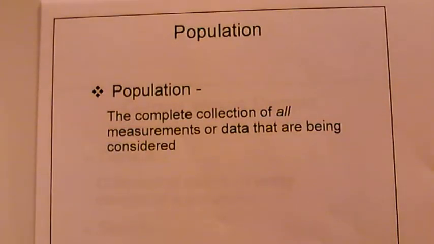Next is a population. It is the complete collection of all measurements or data that is being considered. For example, if I wanted to find out if all students that have taken the course college algebra liked it, I would have to collect data from all of the people in this country that have taken college algebra.